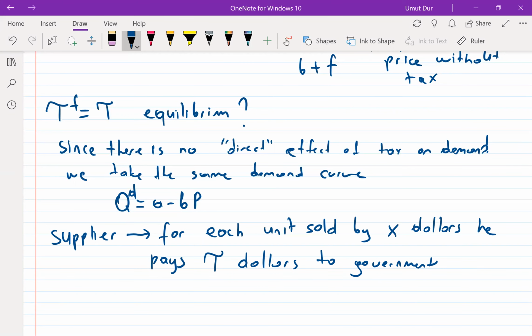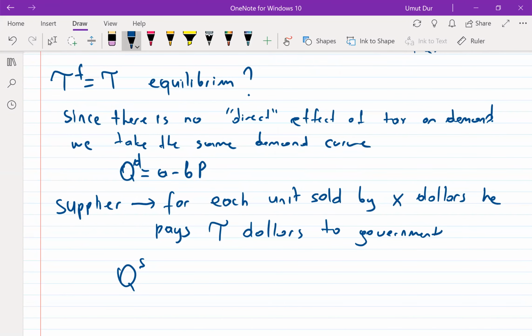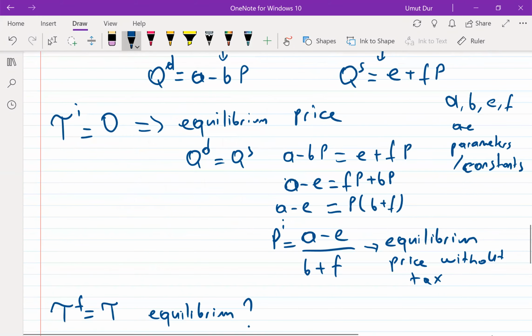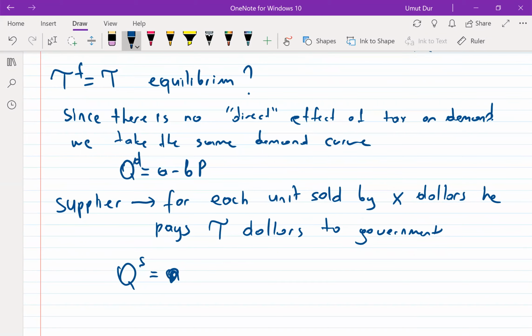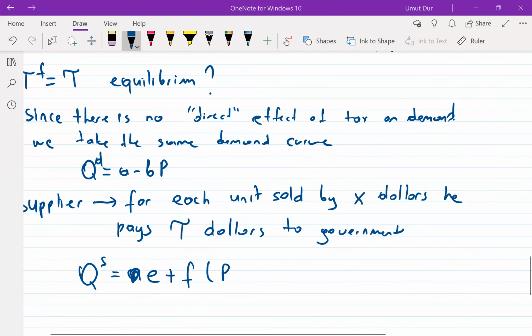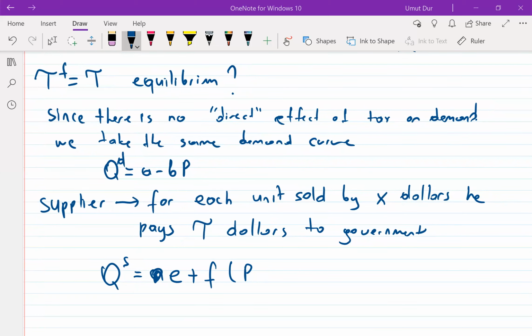Which means that whenever the buyer is paying P dollars, the actual amount the supplier is receiving is P minus tau dollars.